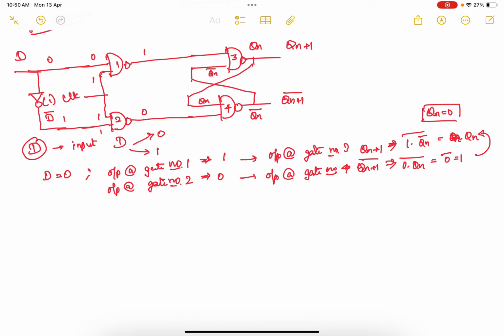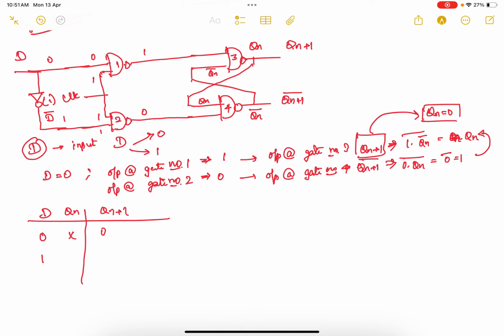Now if I draw the truth table, one of the inputs is D and Qn, and I want to find my Qn plus 1. If this is 0, irrespective of this, Qn plus 1 will also be equivalent to 0, because Qn should be 0.